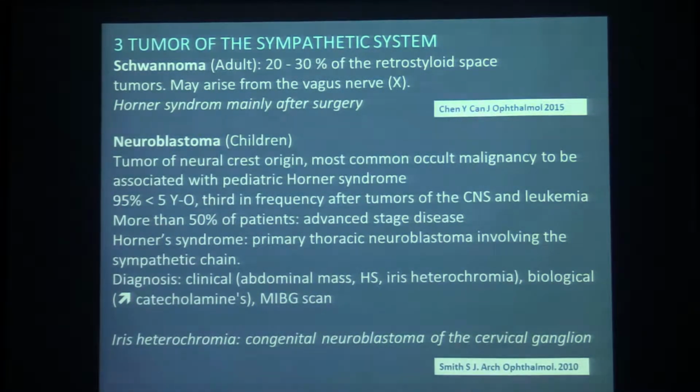It's a tumor of neural crest origin, and it is mostly occult at first, and when you discover the lesion, often there are metastases of the lung, there are nodes, and there are cutaneous metastases in more than 50% of the patients. That's the problem. And the diagnosis, of course, is clinical if there is an abdominal mass. It can be suspected because the baby has an iris heterochromia, and when there is heterochromia, you have to look for a neuroblastoma, and of course because of the biology and the MIBG scan.